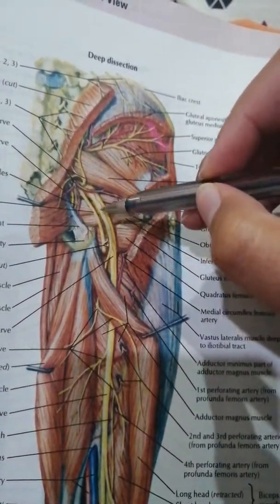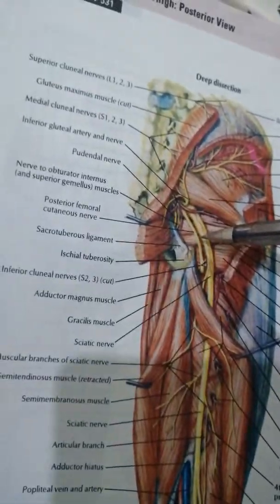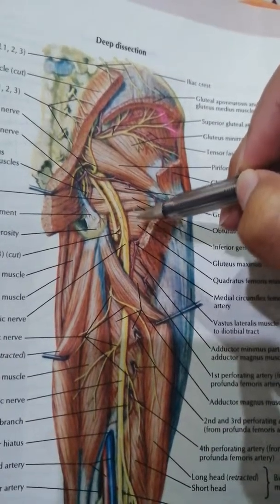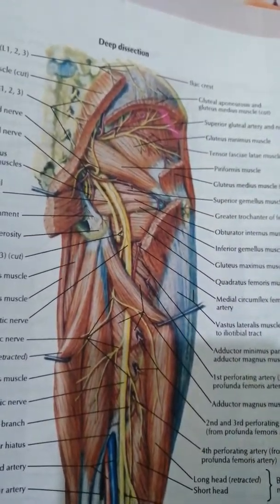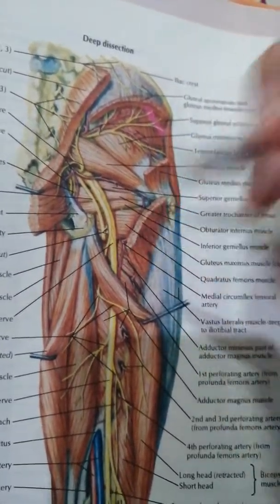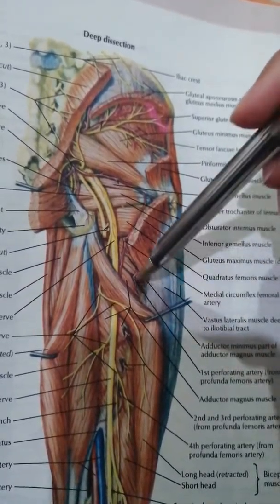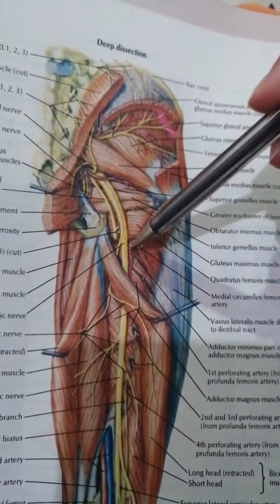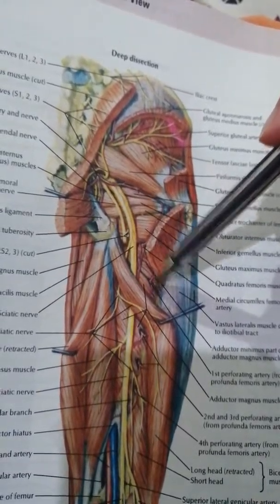Then the sciatic nerve will pass over this muscle, that is the quadratus femoris, right? And then it will reach basically the adductor magnus. This part, just the upper part of the adductor magnus, which we also call the ischial part.